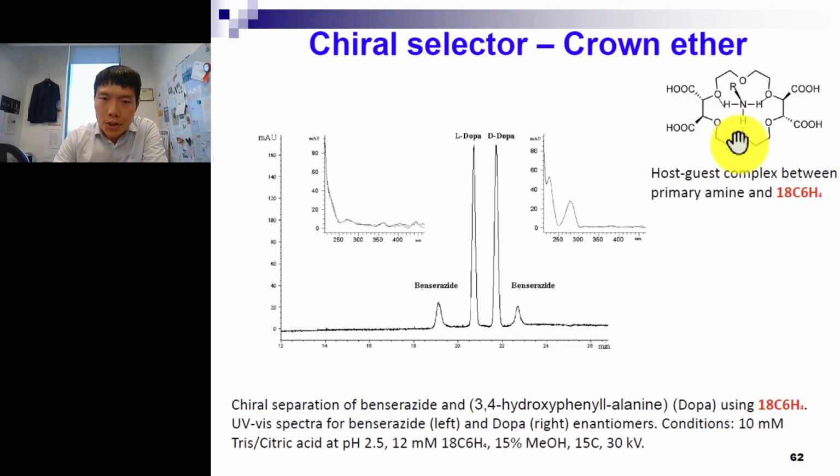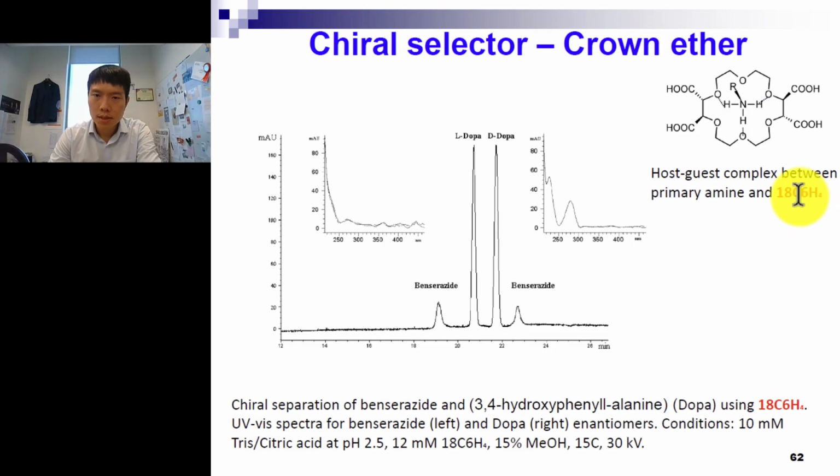So over here, this is really your host-guest chemistry, right? A bit of material organic science. Now, first thing to note is, how do you derive this 18C6H4 there? We see 18C means, in your ring here, there are 18 atoms. So you have 2, 4, 6, 6 carbon, and then your 6 oxygen here.